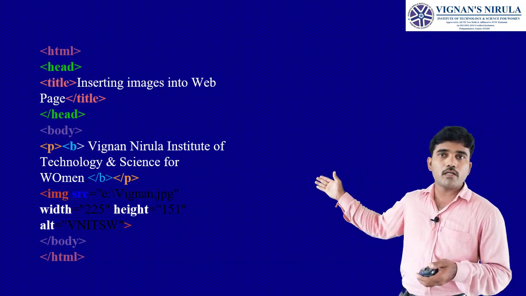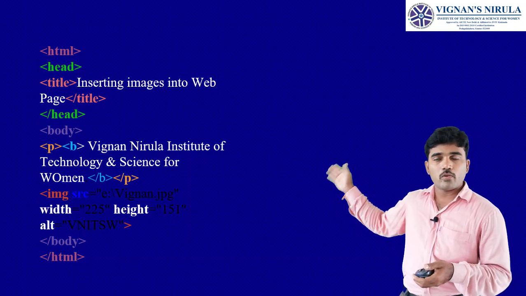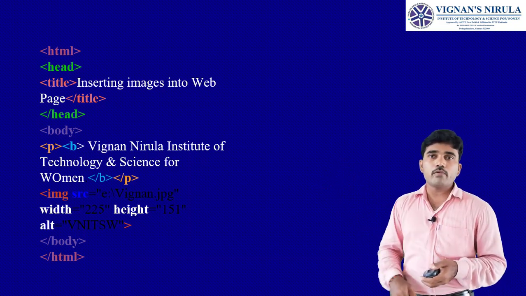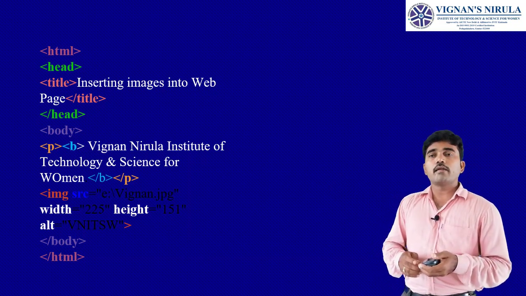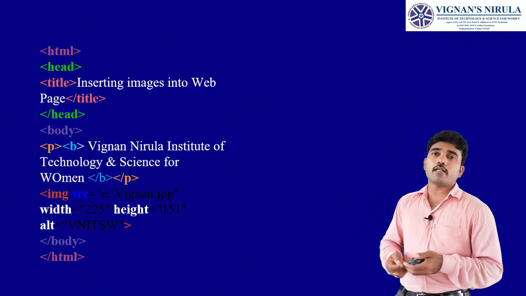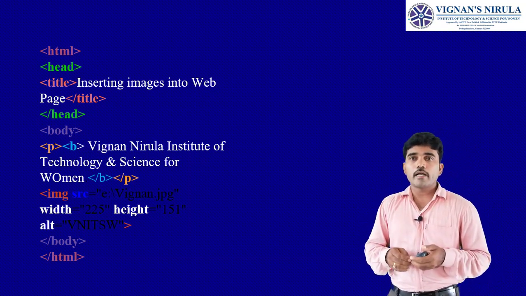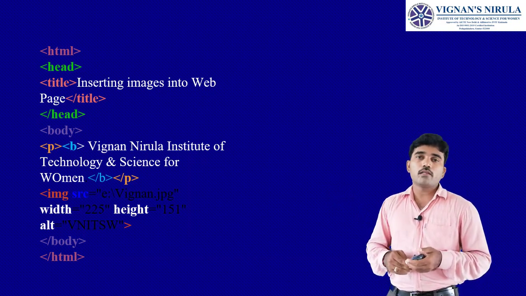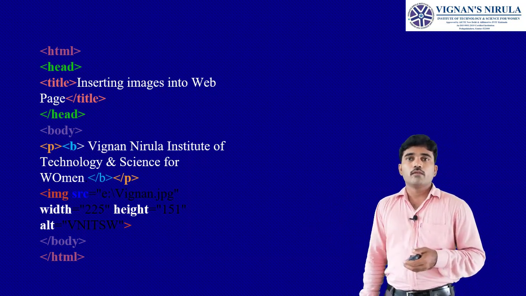I have mentioned the SRC attribute with the location /vignan.jpg, with a specific width and height. And the alternate text that I want to display if the image is not available is our college title in short form, VNIT SW. After writing that, I have closed the body and then closed the HTML.